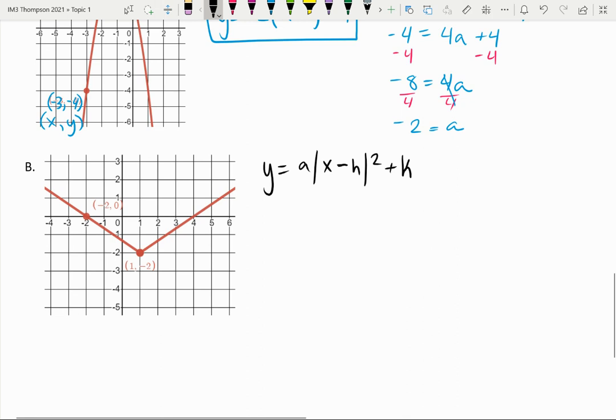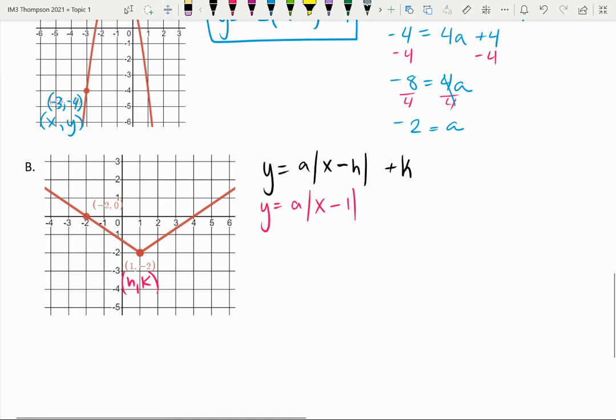Okay. So I can go over a couple of ways to find this. One, h, k is just the vertex. So I'm going to plug in 1, negative 2 for h, k. So I start there. X minus h is 1. Ooh, goodness, somebody stop me. Why do I have a squared on my absolute value?